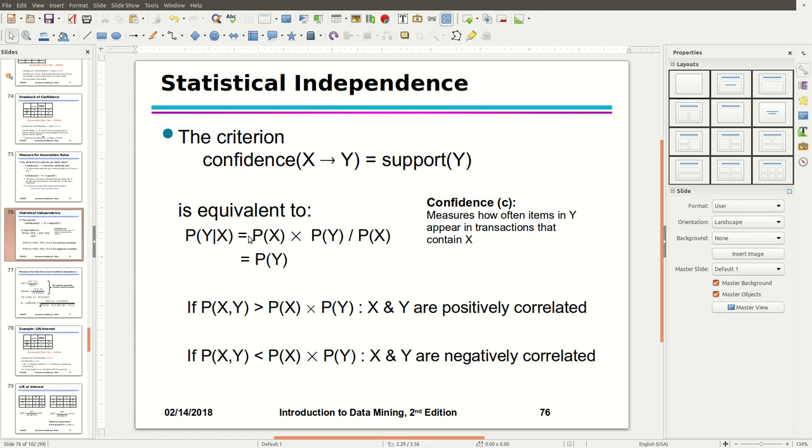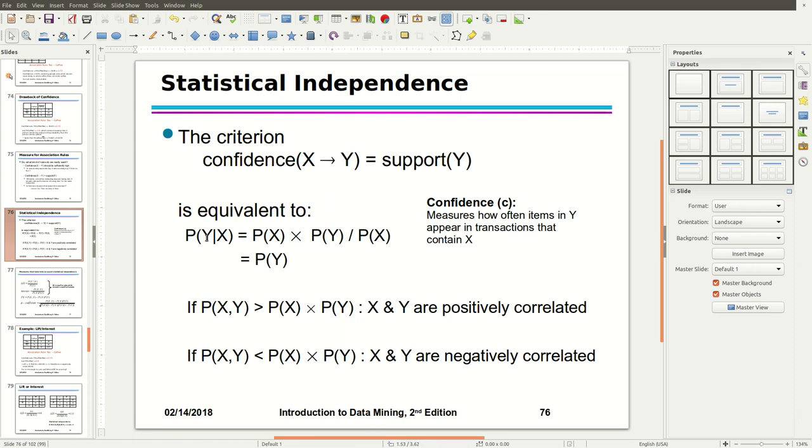X and Y happening together means it is probability of X times probability of Y, divided by probability of X. If you simplify these two terms, you will be left with probability of Y. And probability of Y is equivalent to support of Y. So out of all transactions, how many times do you see Y? That is how it is related.